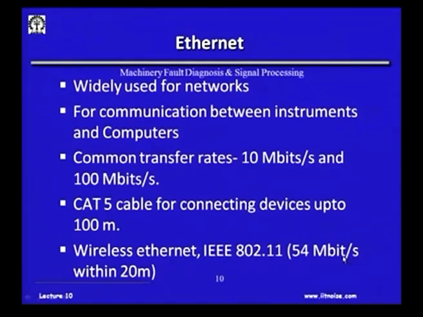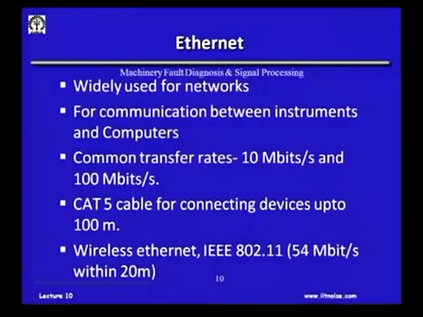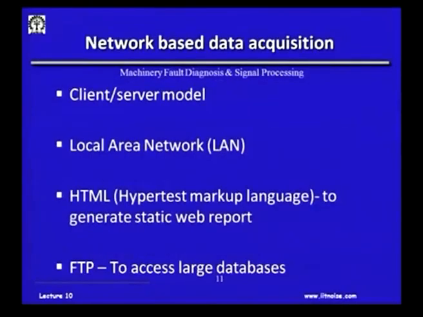So, I cannot have digital data transfer at speeds higher than 54 megabits per second when I am using wireless Ethernet. So, this is a challenge we have in computer aided data acquisition, to transfer the data over wireless at high speeds, because the call of the day is to have wireless remote monitoring of machines, and this is where we are in the present state of the art.